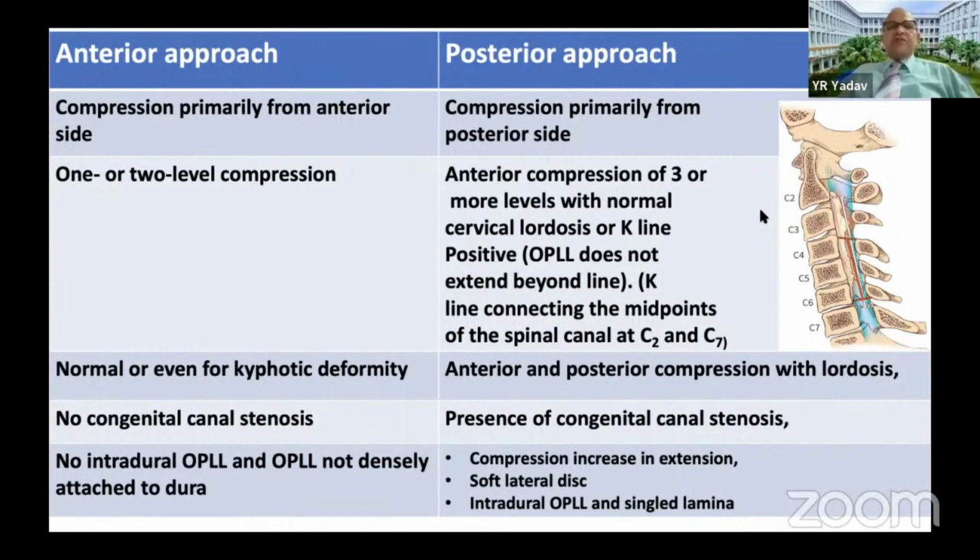So even if the compression is there from anterior side of 3 or more levels with normal lordosis, because that will allow the cord to expand posteriorly, or K line is positive.